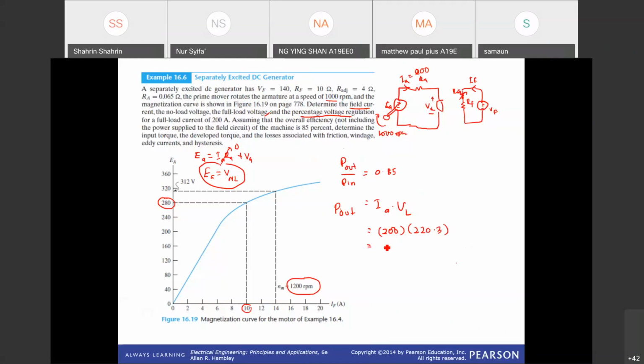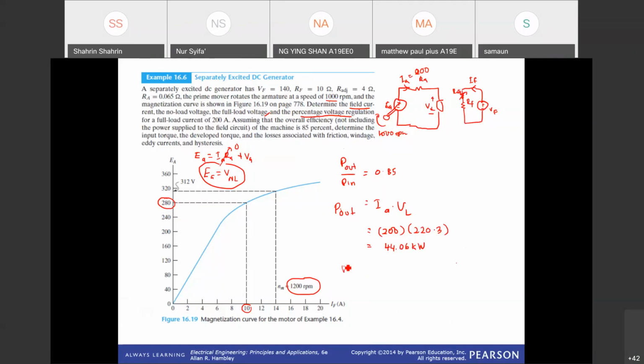So your P out is 200 multiplied by 220.3, which gives 44.06 kilowatt.